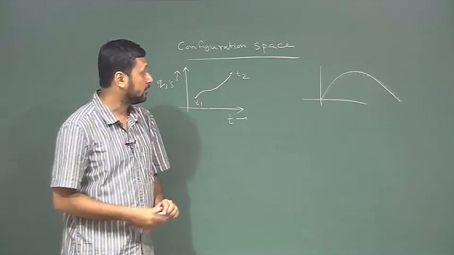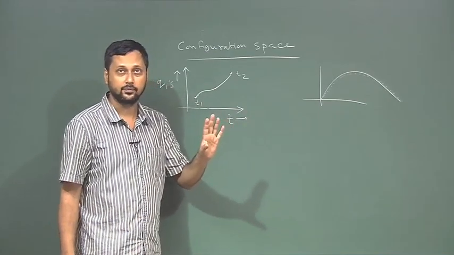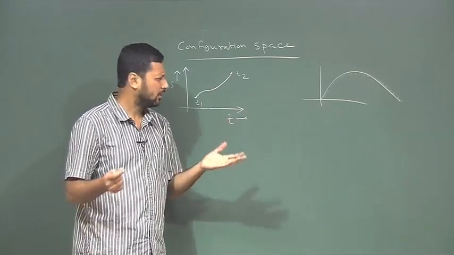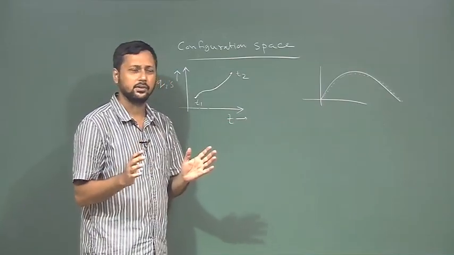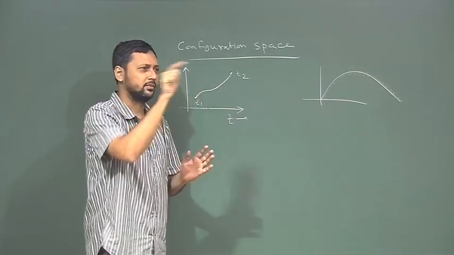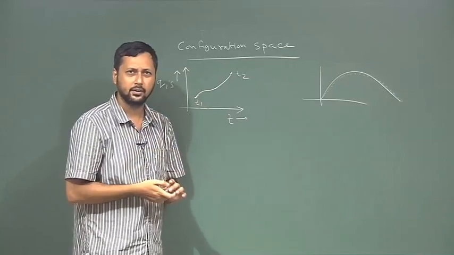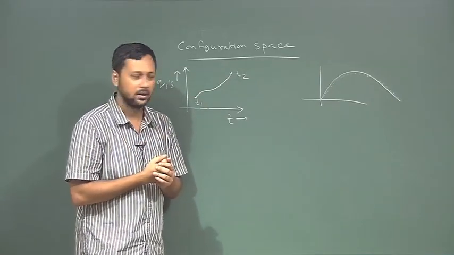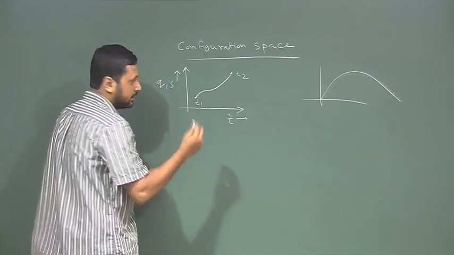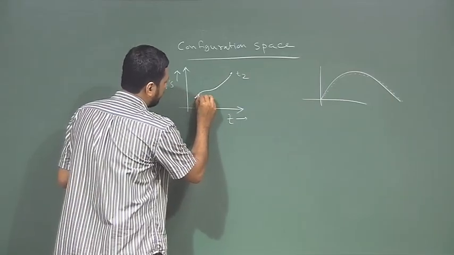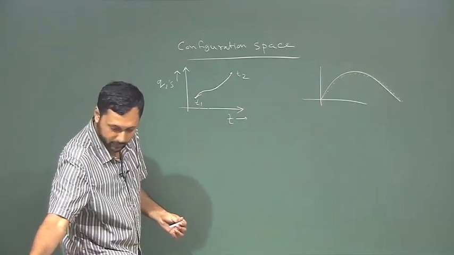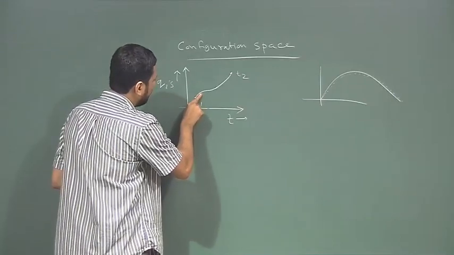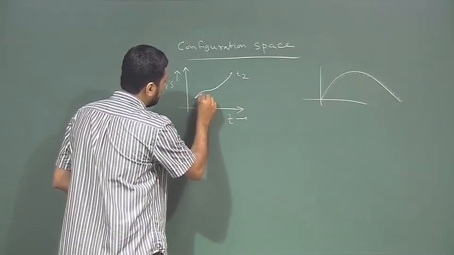Please understand that I have not changed the initial condition or anything. Or you can think of it this way: the starting point and end point are the same, but maybe some initial condition, some velocity, was different. So it will be a trajectory following this one closely, but not exactly the same.